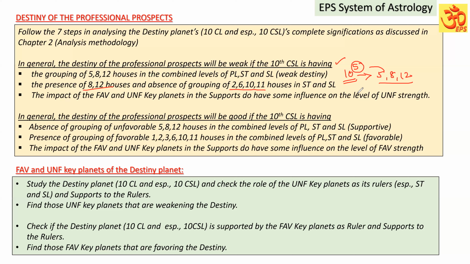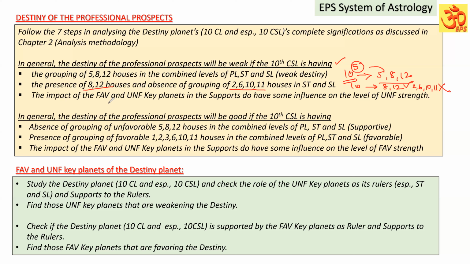Without the role of the 5th house, if only 8 and 12 houses are there, but there is absence of the grouping of favorable 2, 6, 10 or 11 houses in the star level and sub level, it indicates that destiny is weak. So if the 10th cuspal sublord is in the star of a planet that is a significator of 8 and 12, with star lord and sublord also so, and the 2 or 6 and 10, 11 grouping is not present, it is also weak.